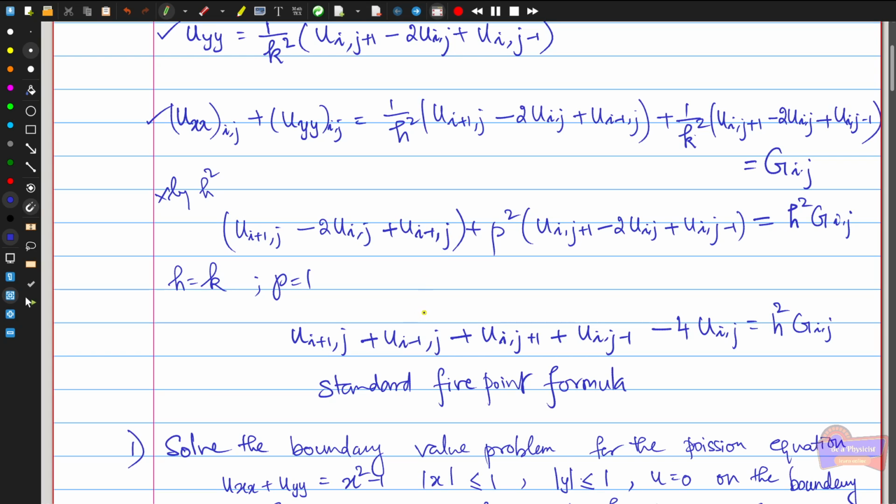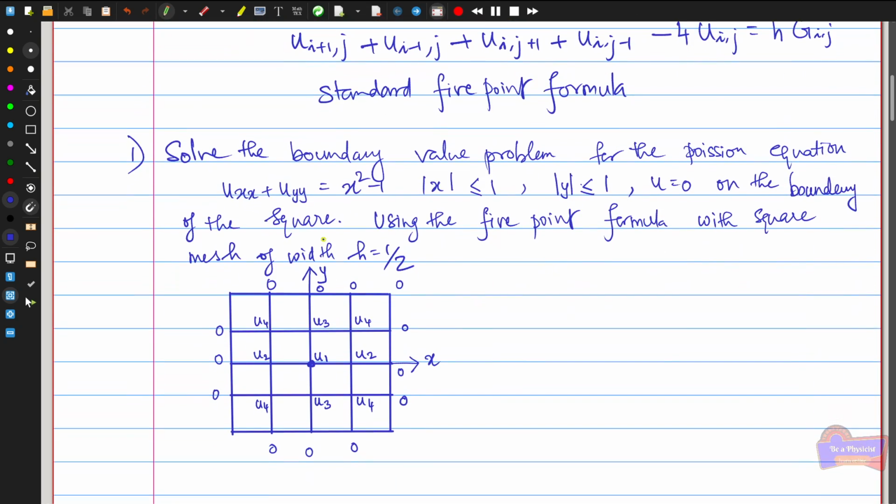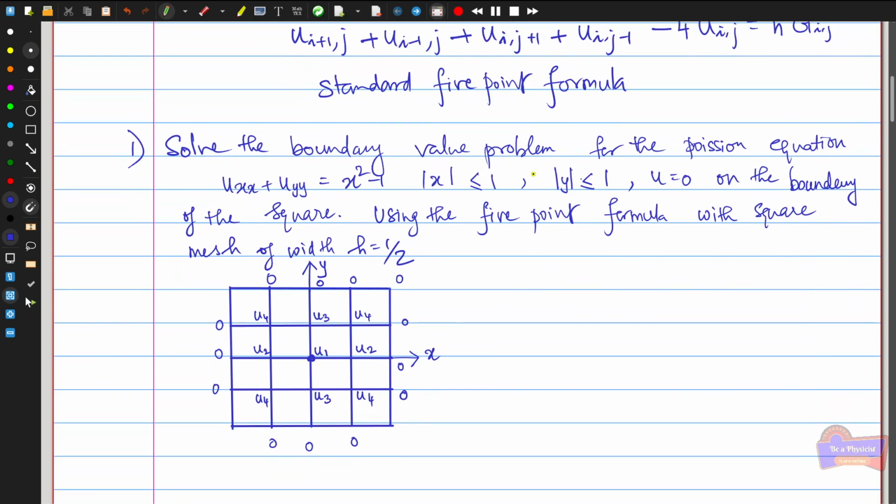Now we will look into one of the problems, a boundary value problem, to solve using the finite difference method. The boundary value problem is uxx plus uyy equal to x squared minus 1, where the modulus of x is less than or equal to 1, and similarly the modulus of y is also less than or equal to 1, and the u values are 0 on the boundary of the square.